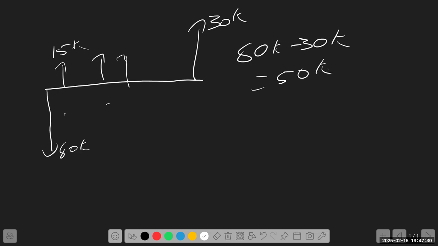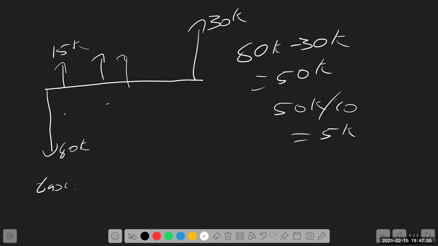That is the total depreciation in 10 years. They are asking us to use the straight line depreciation. So 1 year depreciation, how much? 50K divided by 10, 5K. So 5K is my depreciation. So from this 15K, I can reduce this depreciation for the tax purpose.